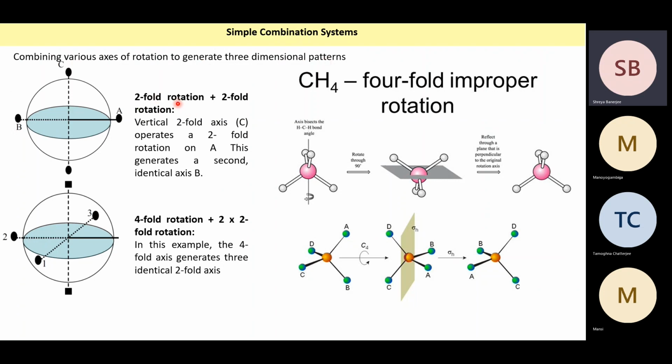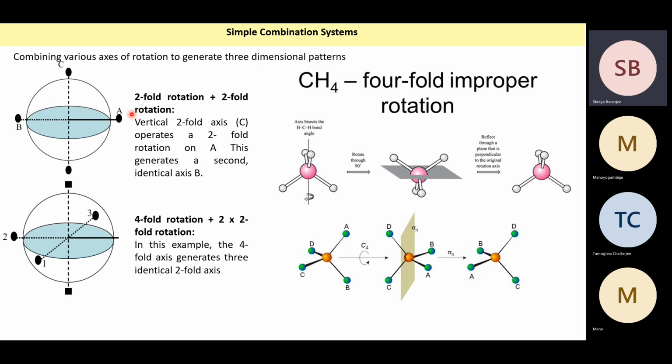So if you combine a two-fold rotation with another two-fold rotation: if you have a point A and a vertical two-fold axis, and you rotate 180 degrees around it, it will reach a position B. And you can again rotate it 180 degrees along this horizontal direction to reach C.